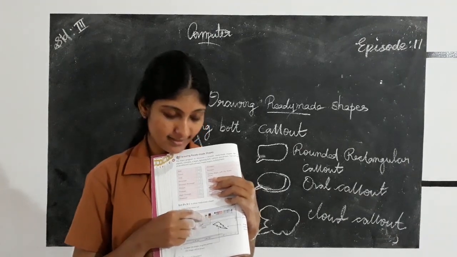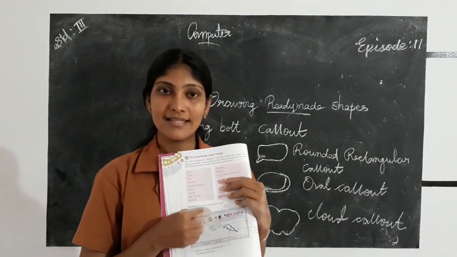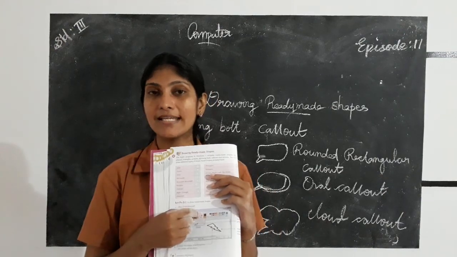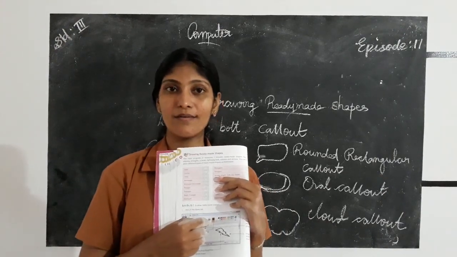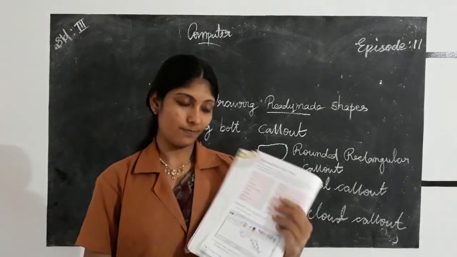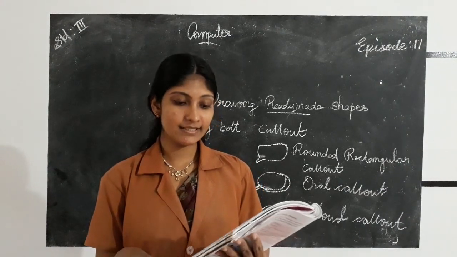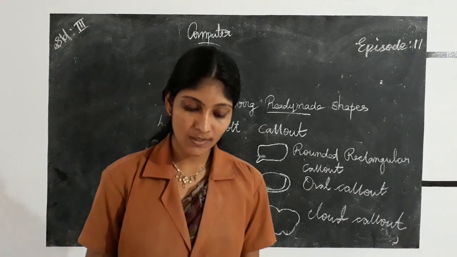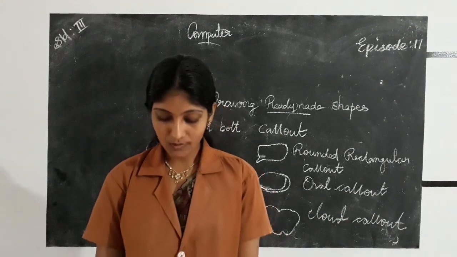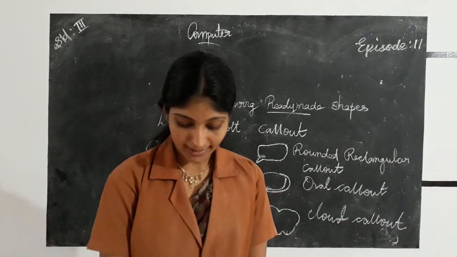The sides option is used to increase or decrease the thickness of the outline of our color. Then next, to draw a shape with equal sides, press and hold the Shift key as you drag the mouse.